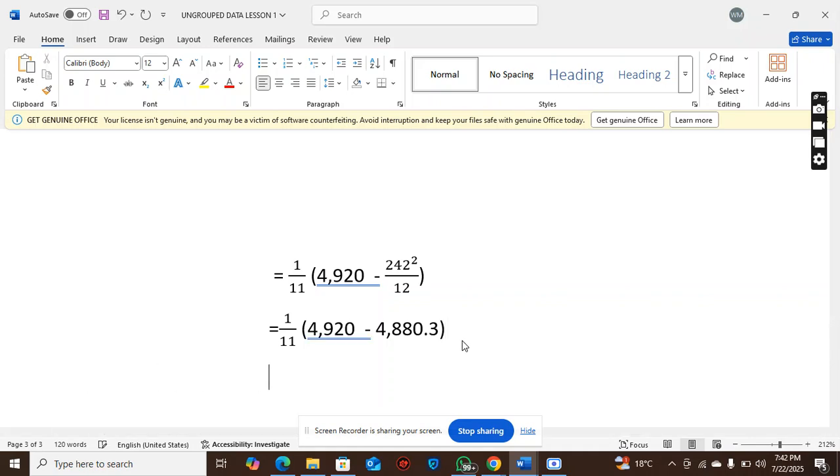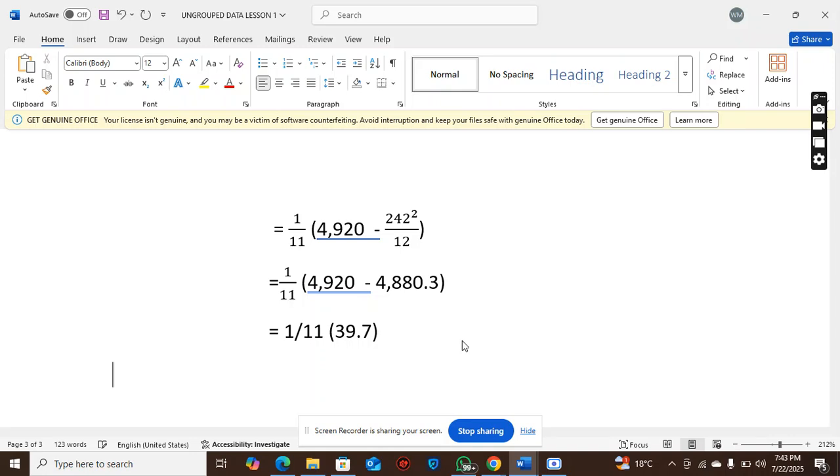So 4,920 minus 4,088.3 gives 39.7. Then 39.7 divided by 11.